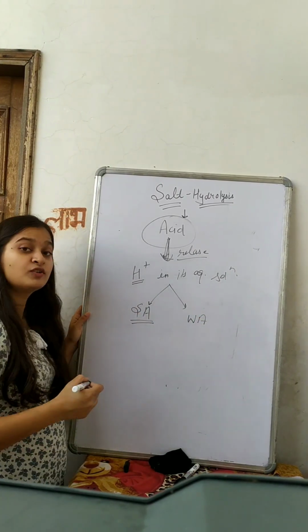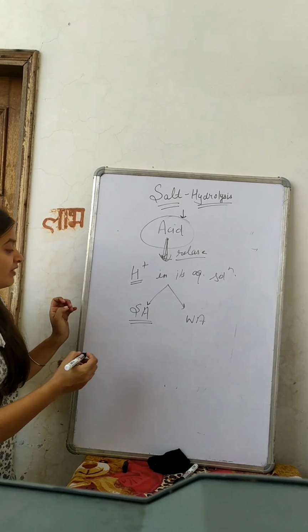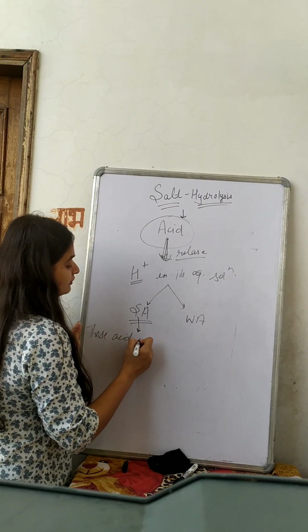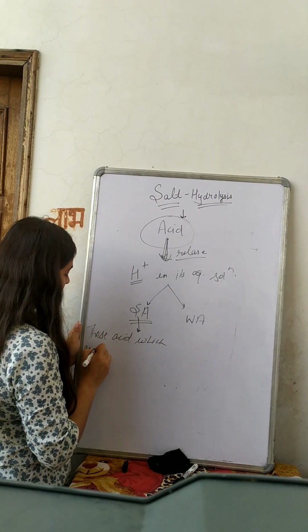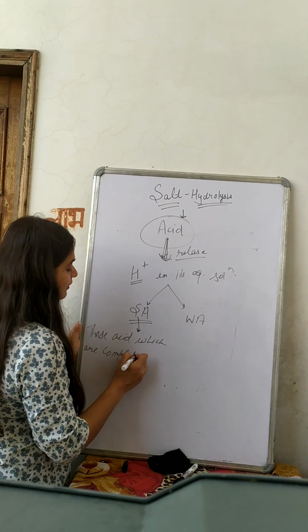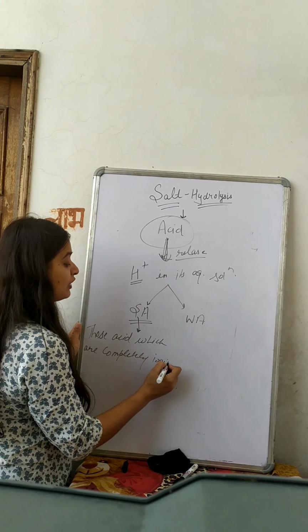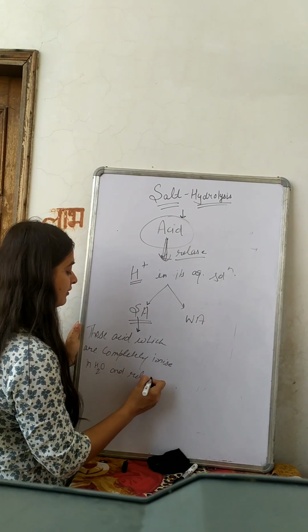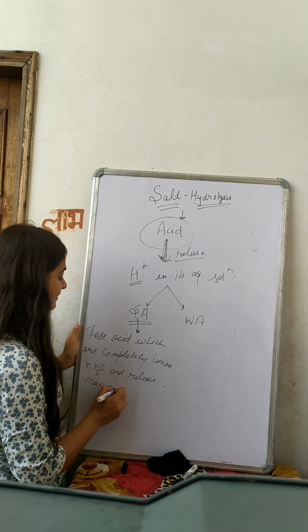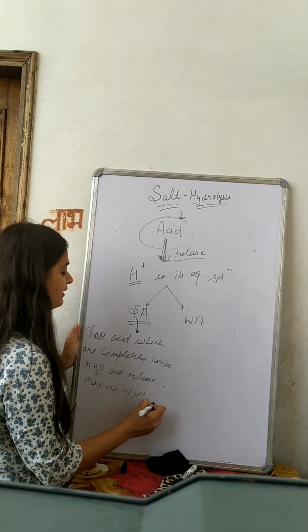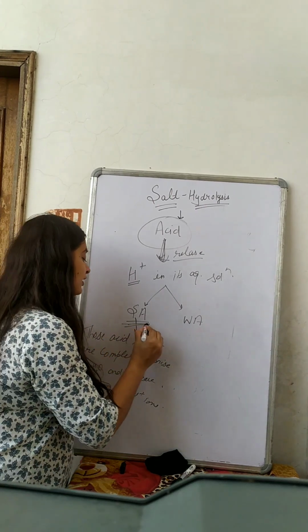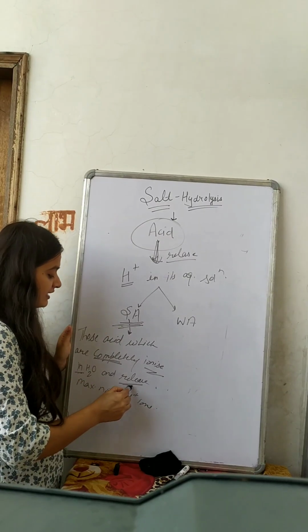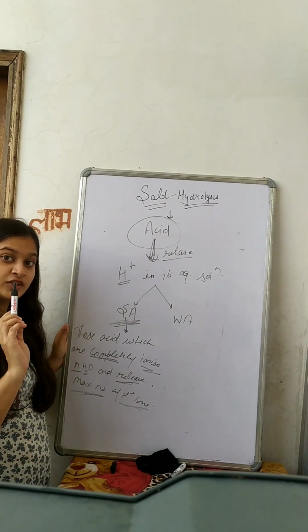What is a strong acid? From the name we can say those acids which are completely ionized in water and release the maximum number of H+ ions. So strong acids are those acids which completely ionize in water and release the maximum number of H+ ions.